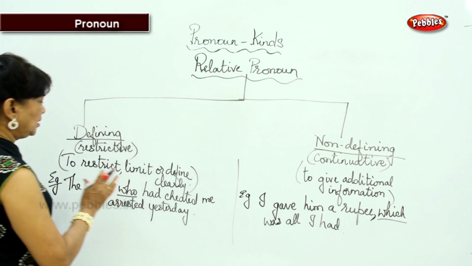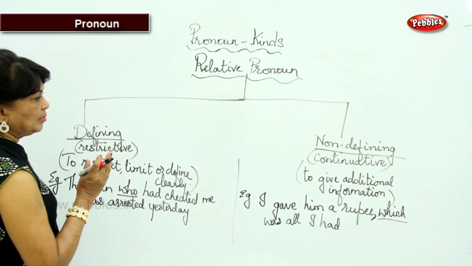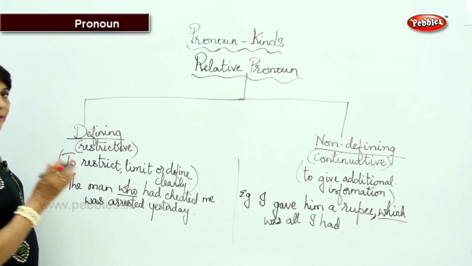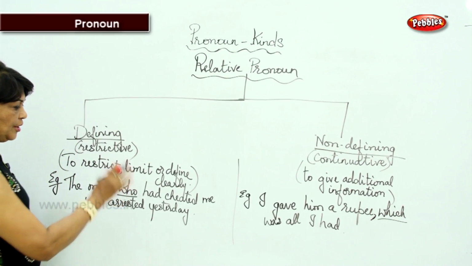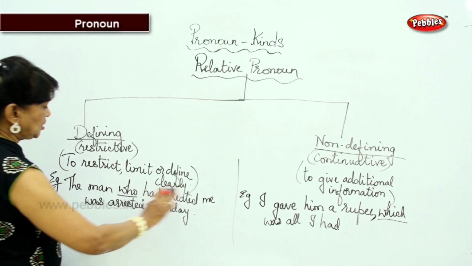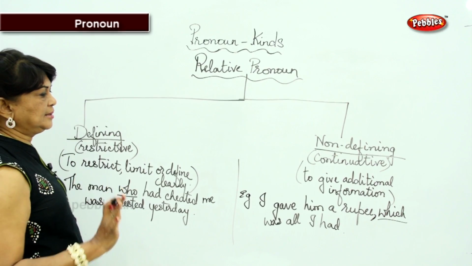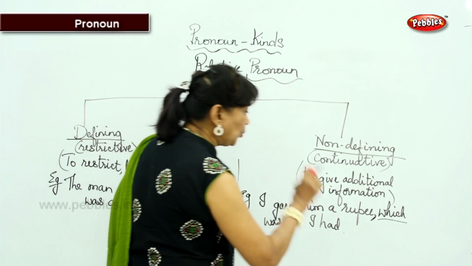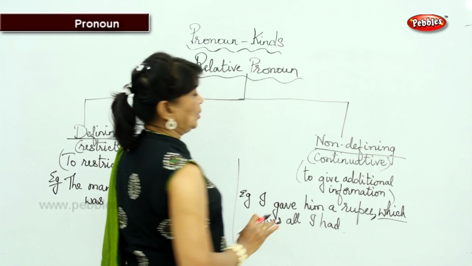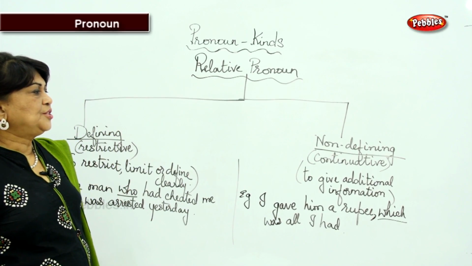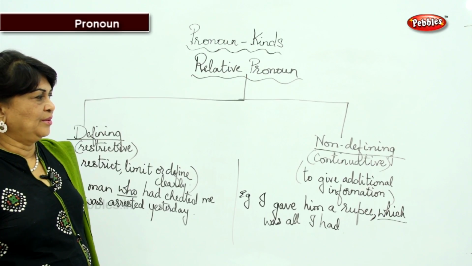If the remarks or if the information is limited or it is restricted or defined clearly, the man who had cheated me was arrested yesterday, it's this thing. But I gave him a rupee, which was all I had. Here it is a non-defining or continuative pronoun.